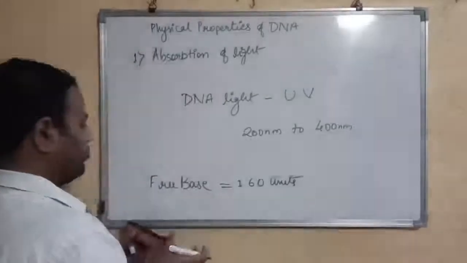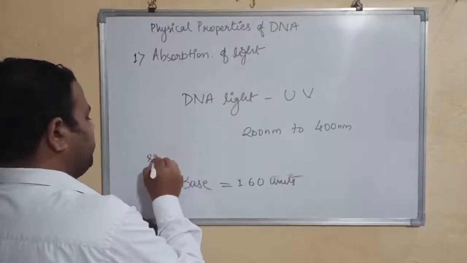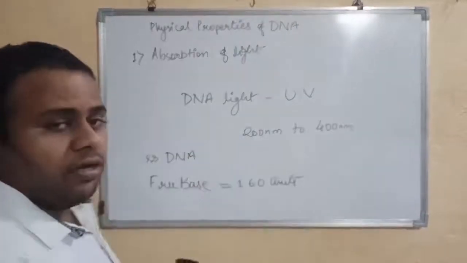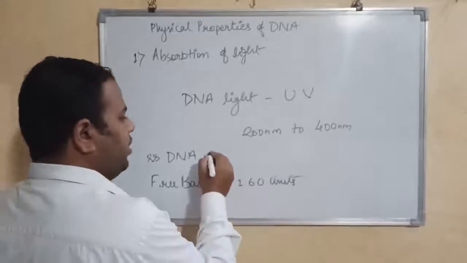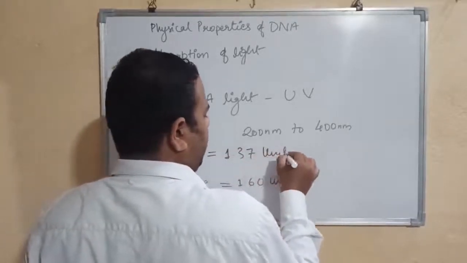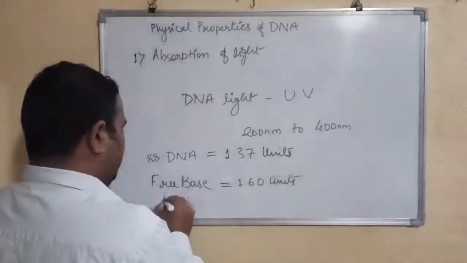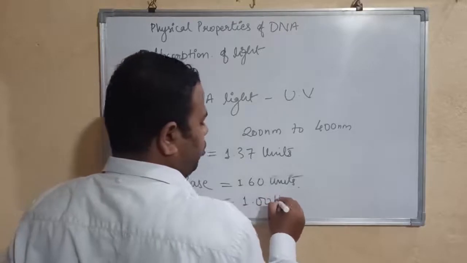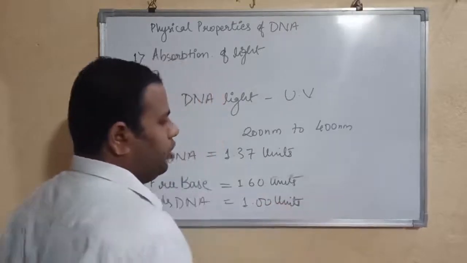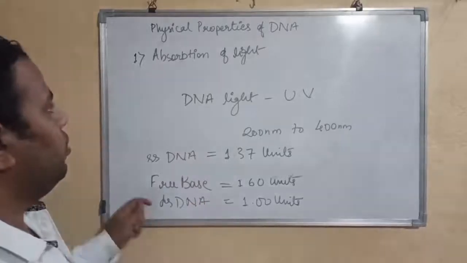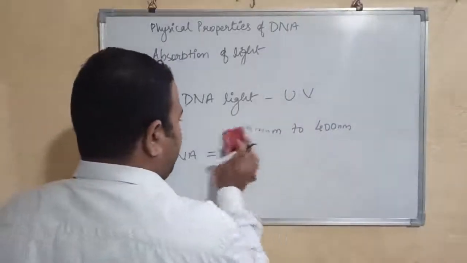For single-stranded DNA, means only one strand of DNA is there, the absorption is 1.37 units. And for double-stranded DNA, it is 1.00 units. So this helps in determining the absorption of DNA. Okay, so let's see the next property now.